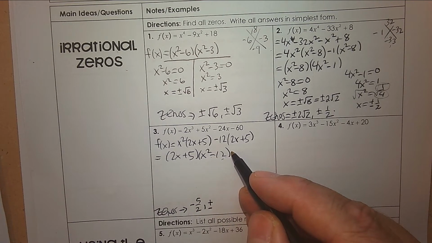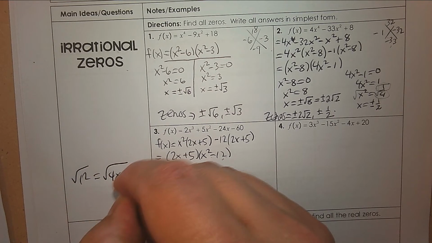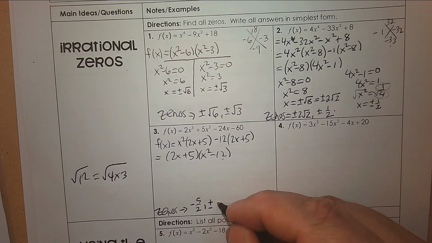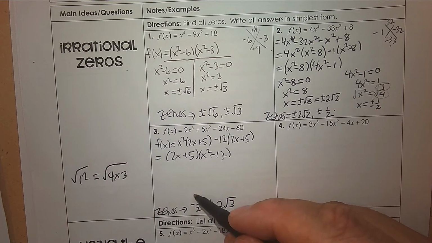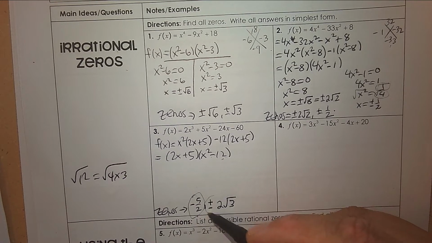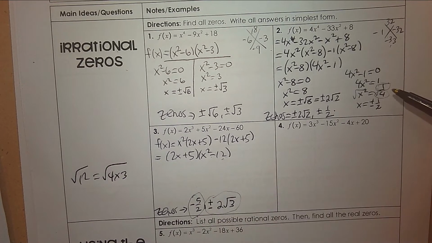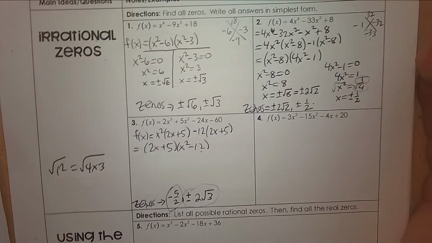The square root of 12 is 4 times 3, right? So it's 2 root 3. Negative 5 over 2 is rational. Positive and negative 2 root 3, irrational. I know exactly where 5 halves is. 2 root 3 I can only estimate on a number line.